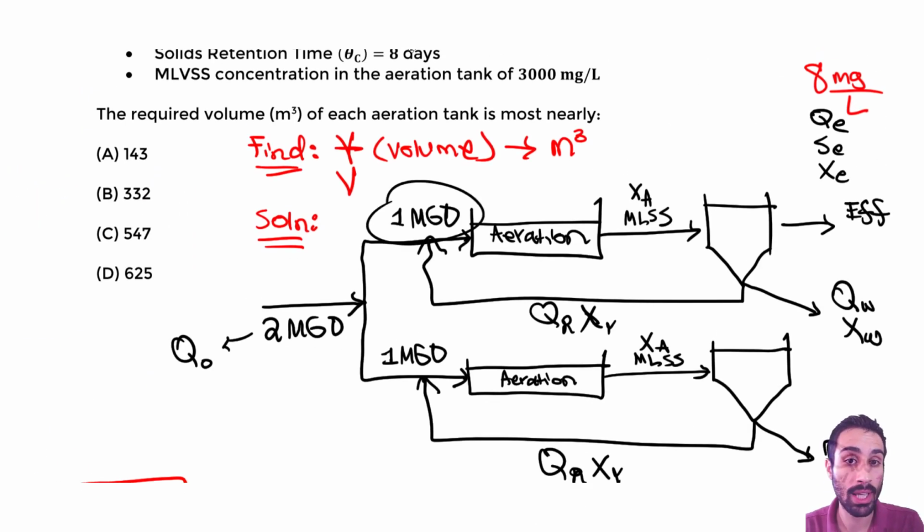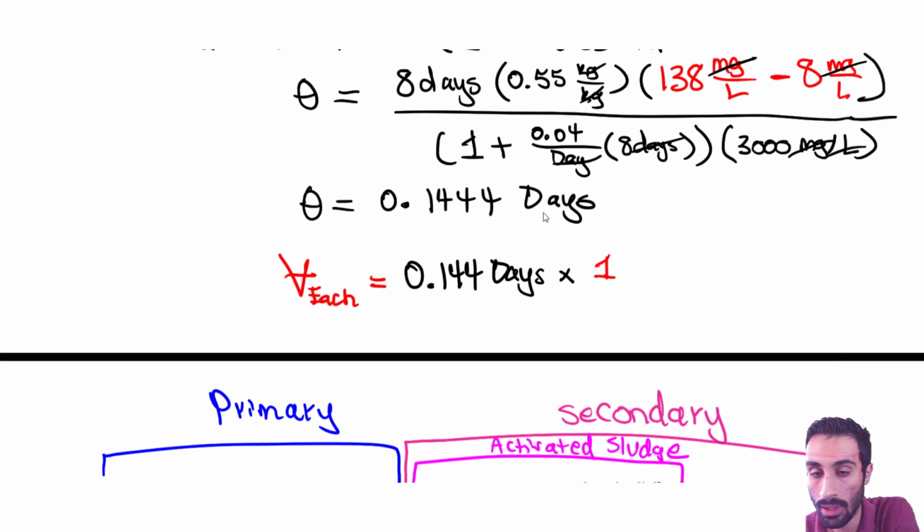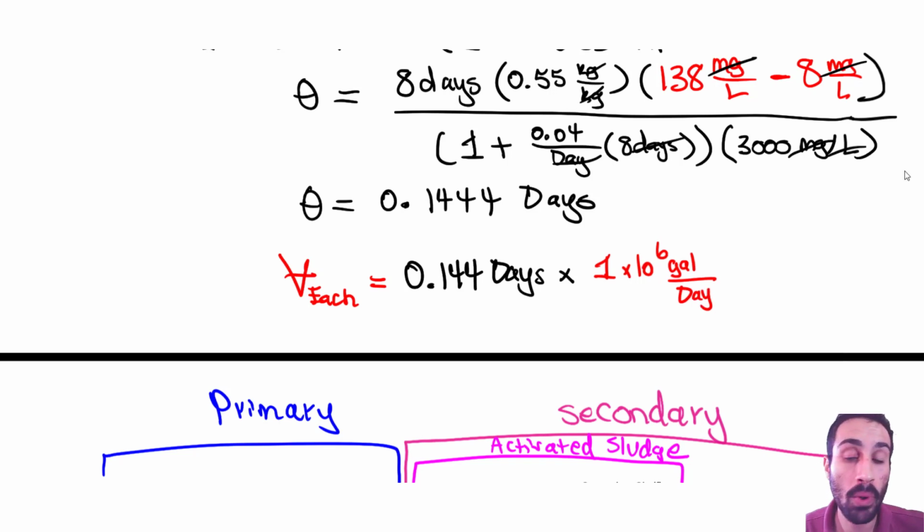It's going to be the one that goes for each, because we want to find the volume of each. That's what we use. So you just take 1 MGD, 1 million gallon per day. So 1 million is 1 times 10 to the 6 gallon per day. So now at this point, the days units cancel, and we get units of gallons.